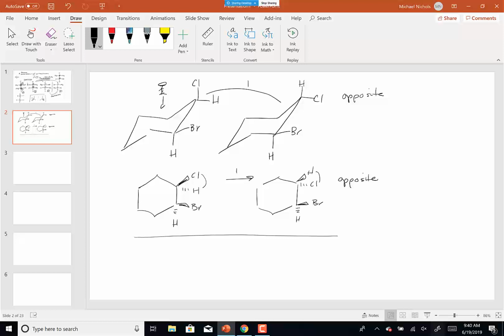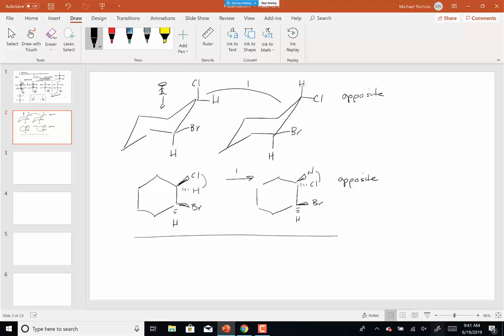So what we're going to do is compare each carbon individually and say, is it opposite or same? So for the top carbon, they have the opposite configuration. How about the bottom carbon with the bromine? Same or opposite?